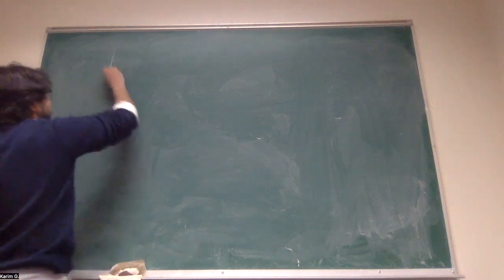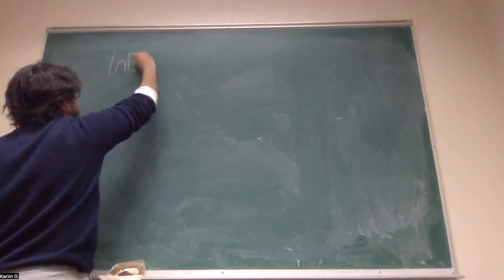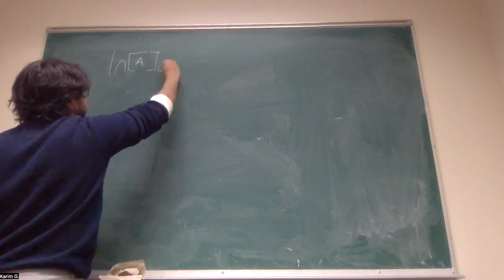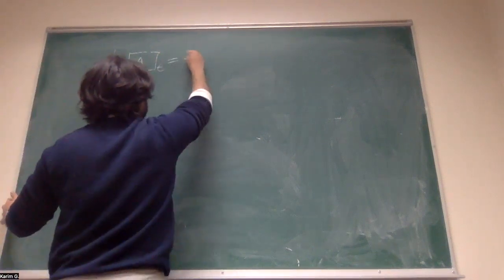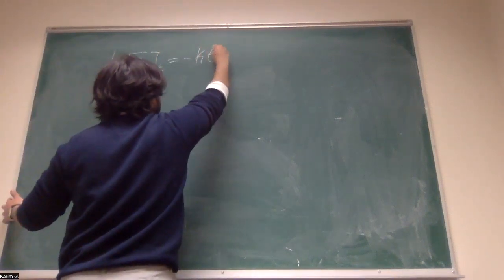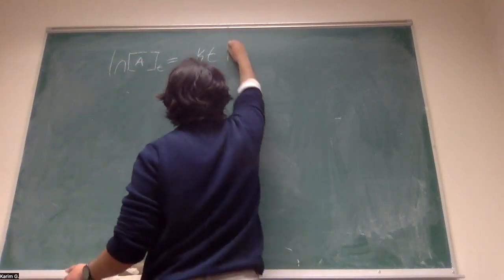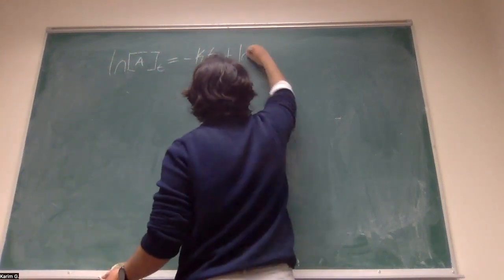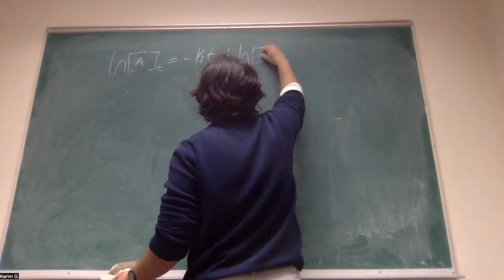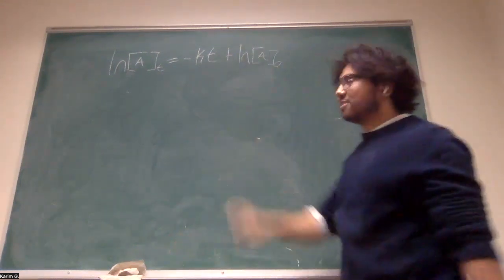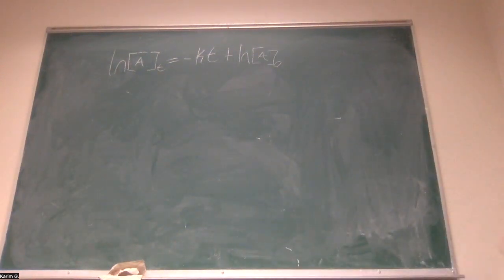The ln of A at a given time equals negative kt plus ln of the initial. Yeah. Nice. Good job. Okay.